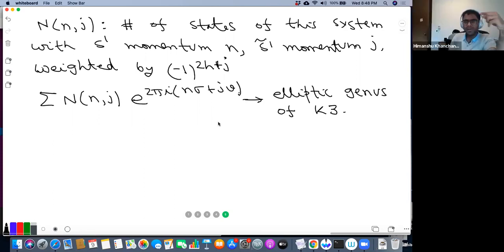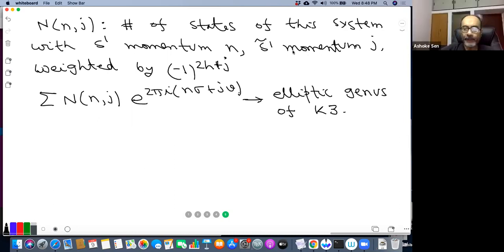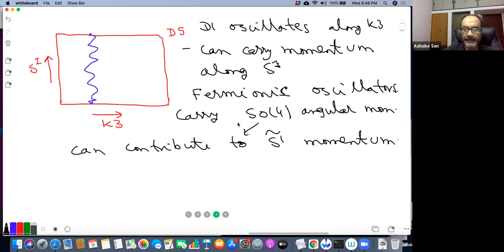Sorry, this T1 brane is not along S1 tilde. So why is S1 tilde relevant here? Oh, because it carries angular momentum, right? This is what I had said earlier. It's not appearing as S1 tilde momentum. It's appearing as the angular momentum that is carried by these fermionic oscillators. But I'm just calling this S1 tilde momentum because eventually it will become S1 tilde momentum.